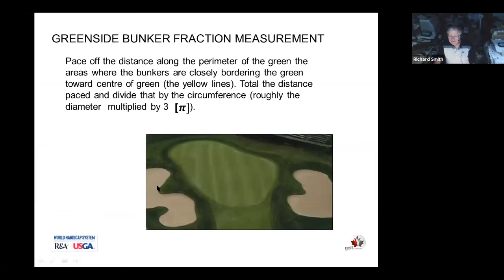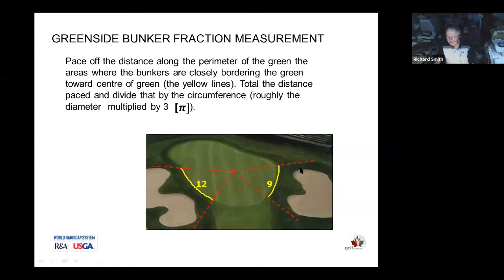All right, so here's how we can get that bunker fraction measurement. If we walk around, pace along the edge of the green, the start and finish of the radius line from the middle that would go out here and here. So in my example here, let's say it was 12 paces here. And then over here you have another one, 9 paces.